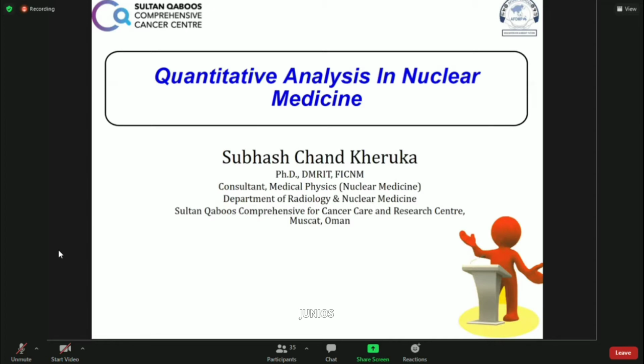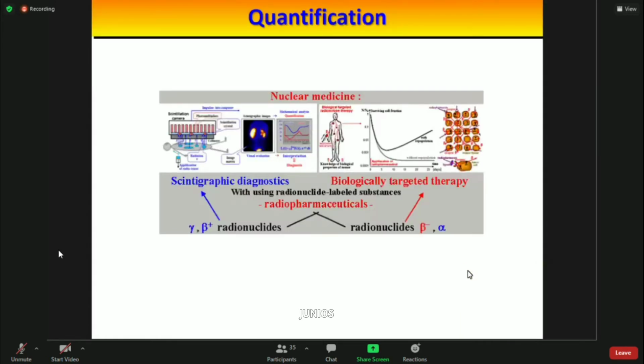My talk is on quantitative analysis in nuclear medicine, how nuclear medicine helps in quantification and what its role is. Nuclear medicine plays a very important role in diagnosing disease and knowing the response to therapy.